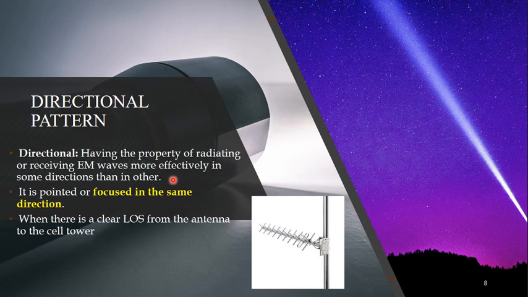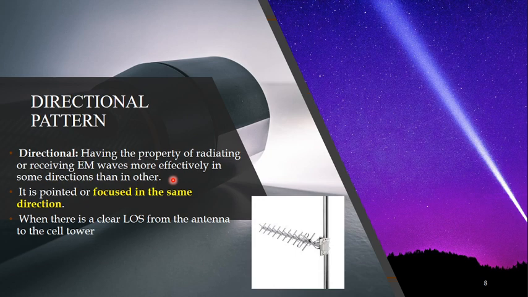Right? So your dish antennas at the rooftop are an example of a directional pattern. Only in one particular direction will we receive maximum signal strength. If the direction of the dish antenna changes, what happens? Your TV signal becomes weak. The pictures will not be clear.